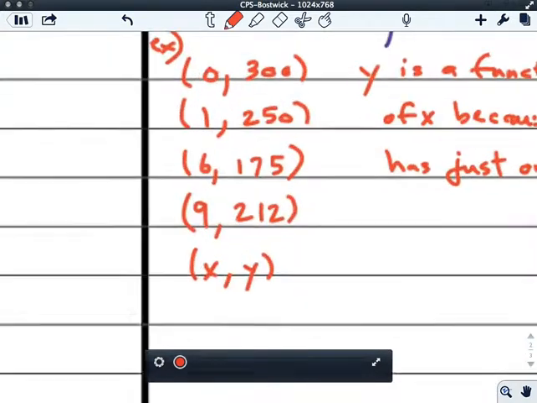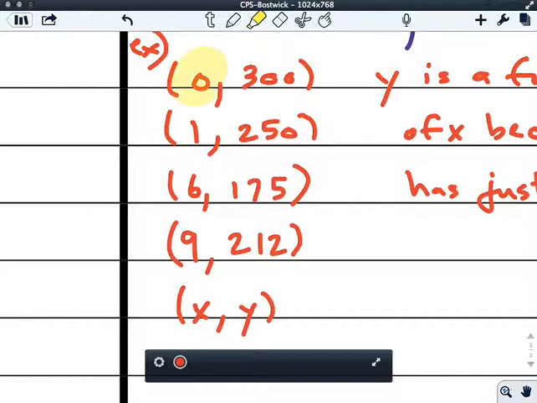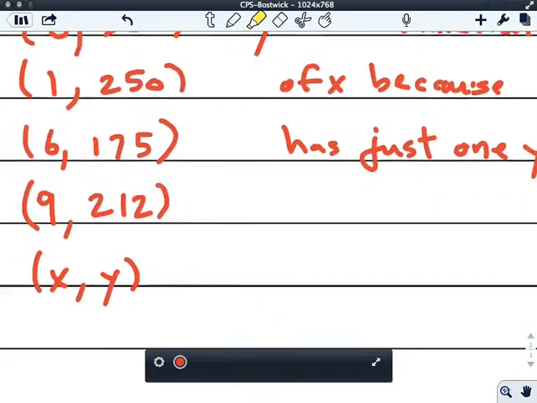So you can look at that here. Each of the x's, 0 maps to 300, 1 maps to 250, 6 maps to 175, 9 maps to 212. So there's no spot in this set of points where if I know the x, I can't figure out the y. It doesn't map to more than one spot.